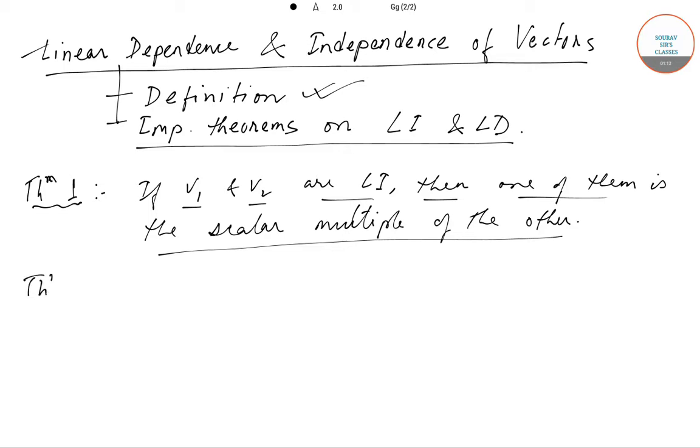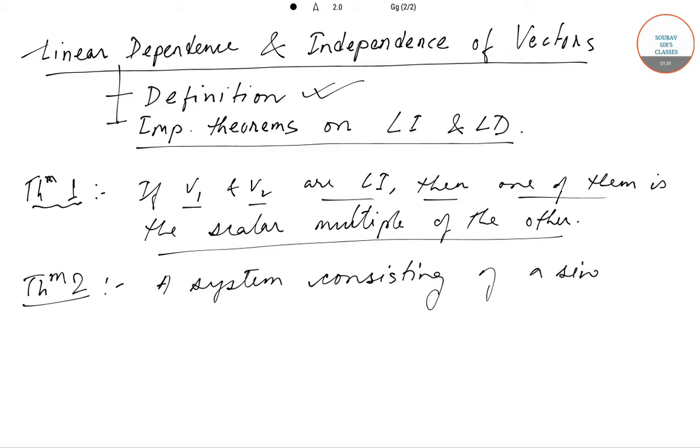Now let's proceed to the next theorem, which is theorem 2. Theorem 2 says that if we have a system consisting of a single non-zero vector, it is always linearly independent.